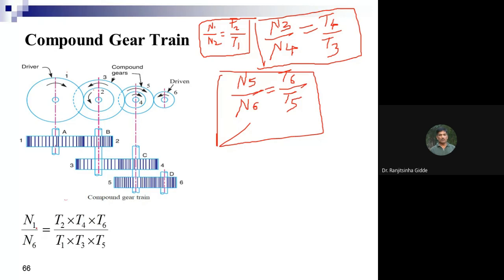Now how to get this? We just need to multiply the left hand sides.